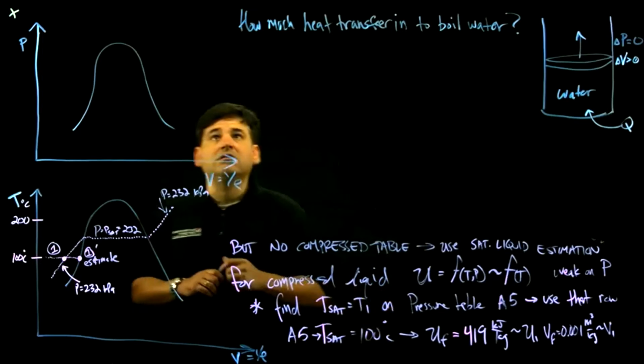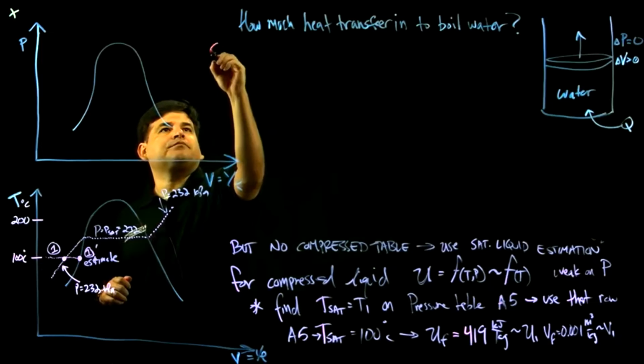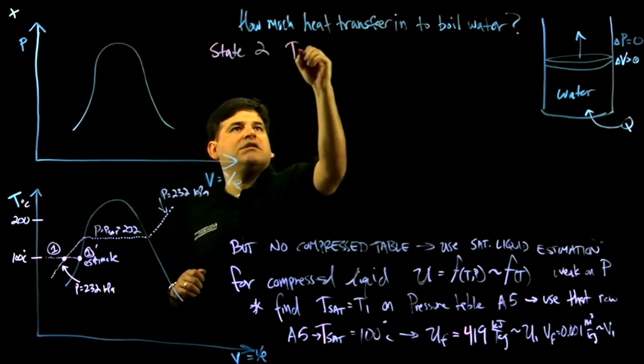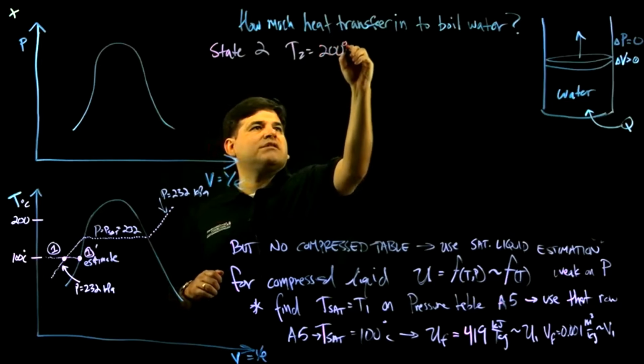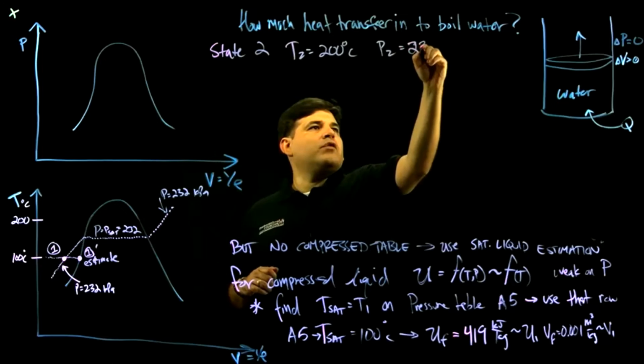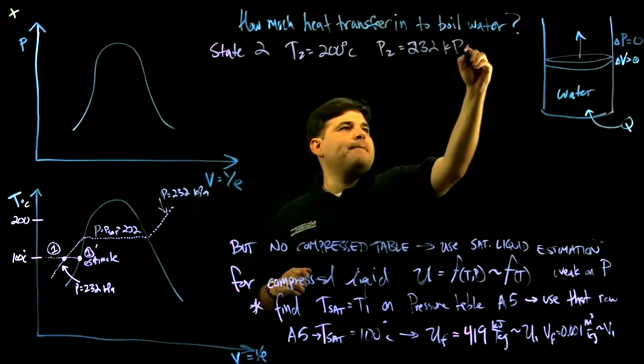Okay, so again, state 2, it's T2 equals 200 Celsius, P2 equals 232 kPa.